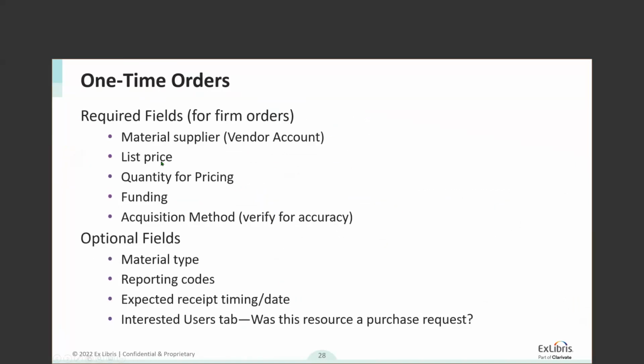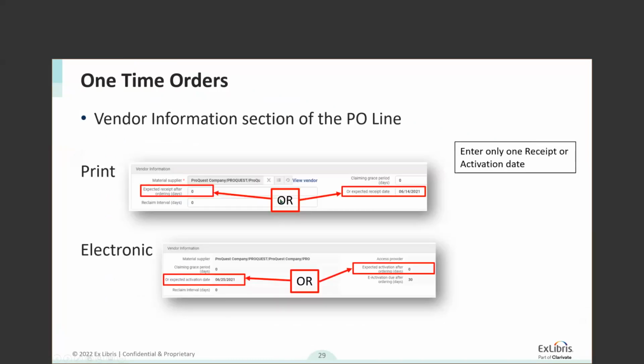This is just talking about the required fields and the optional fields for a one-time order. This expected receipt timing and date can come over from the vendor record if you wish, so at the point of order, it's already populated. And there are 2 options in each of these, whether they're print or electronic.